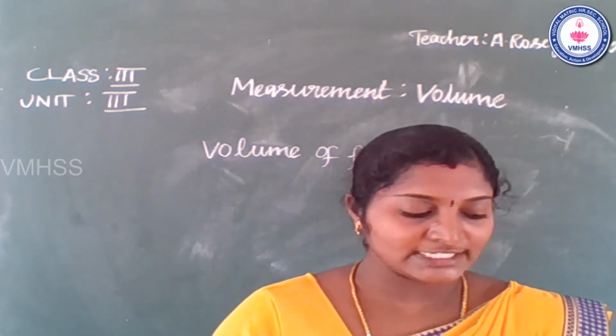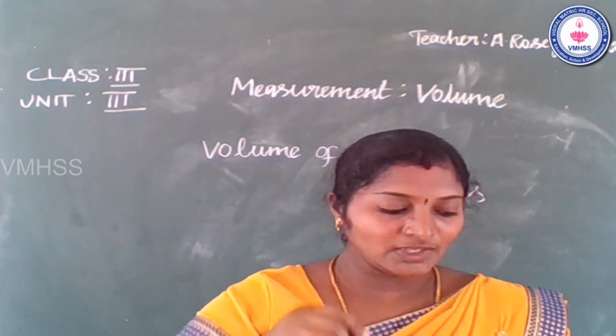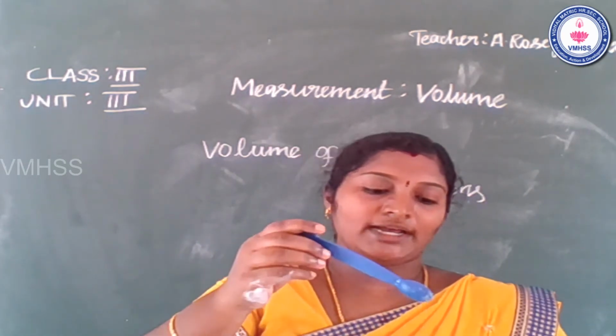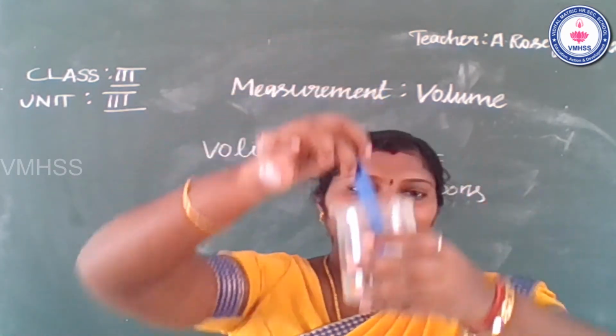How many times were the spoons poured? Next, count. The count is the volume of the flask in spoon units. 1, 2, 3. So 25 times.